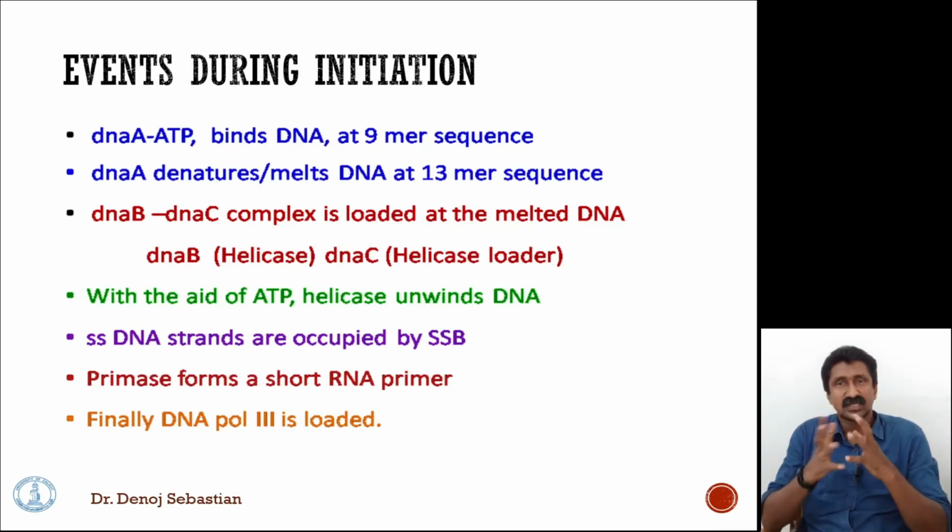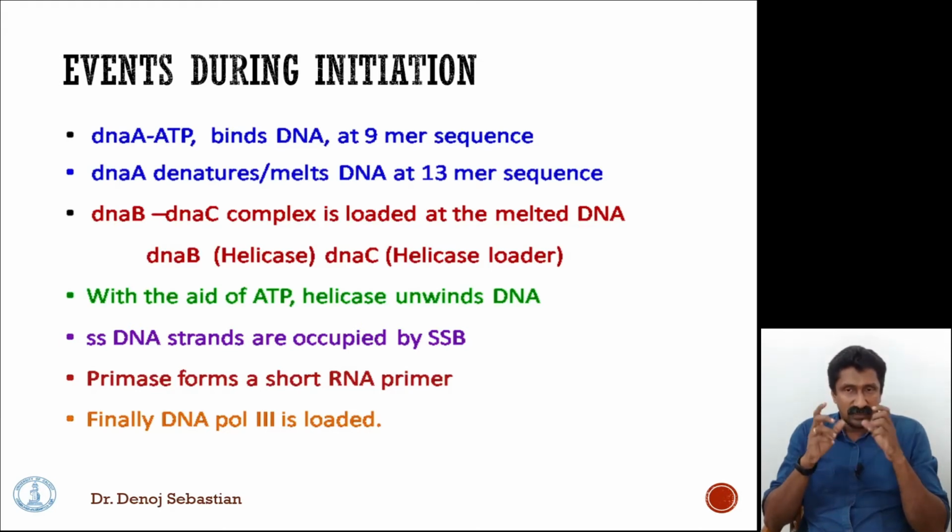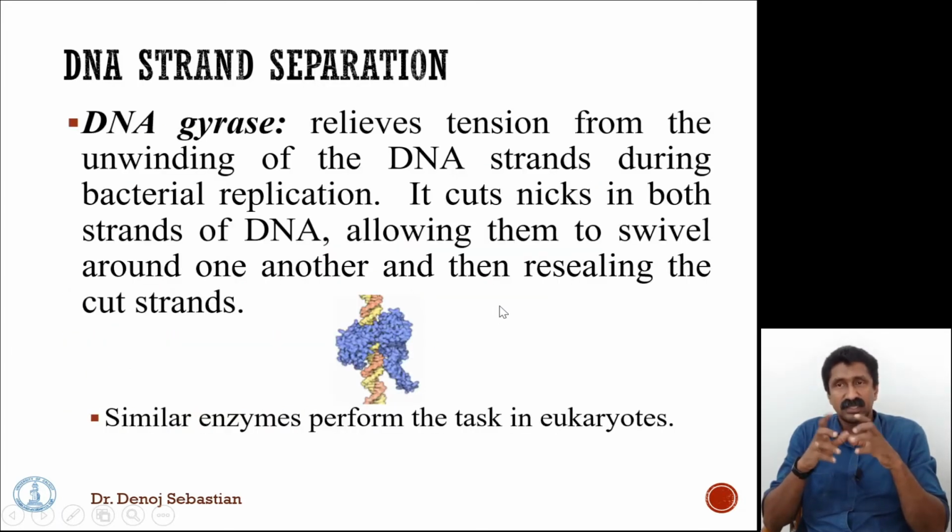So once the strands are separated, the strands continue to unwind. That continued unwinding of the DNA is done by the DNA gyrase enzyme. This DNA gyrase relieves the tension.